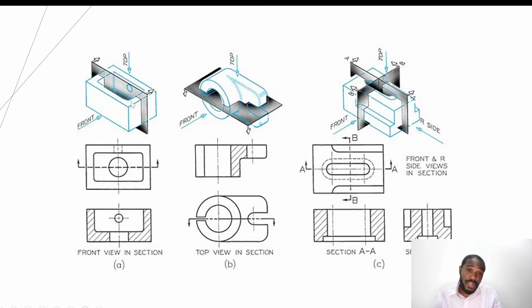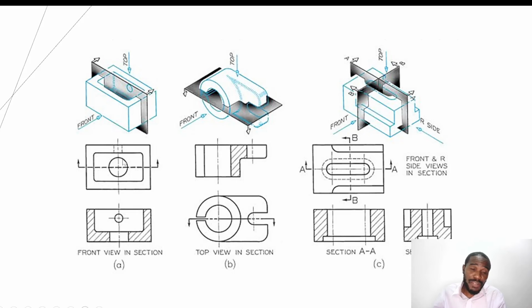For this one, which looks like a building block, there is a cutting plane that goes right down through the middle, and these two arrows indicate your view. If we do that with the plan, the way we look at this isometric drawing, we would never have known that there is a hole at the bottom. But in orthographic projection, we are able to see those features.